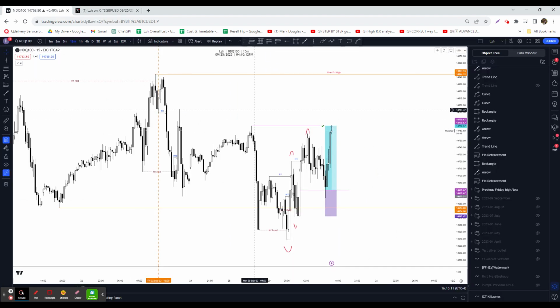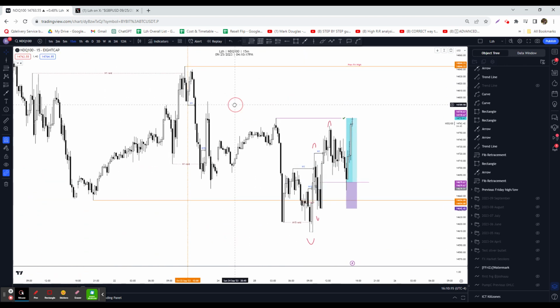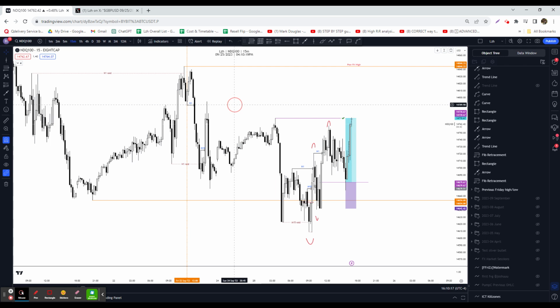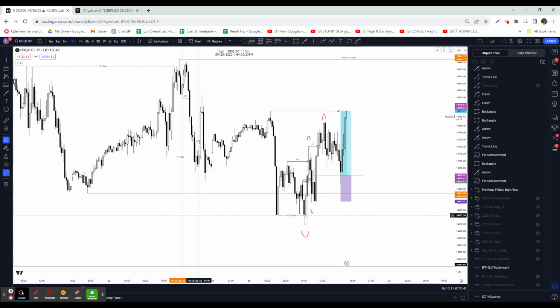And going back to this Nasdaq, basically the point here is that we have to bear in mind that the previous Friday high or low will be taken. That will be the early week draw on liquidity.